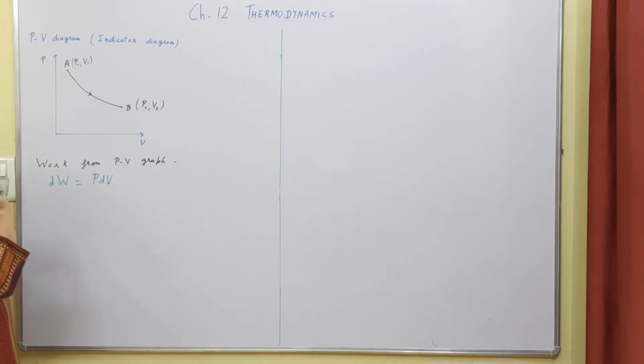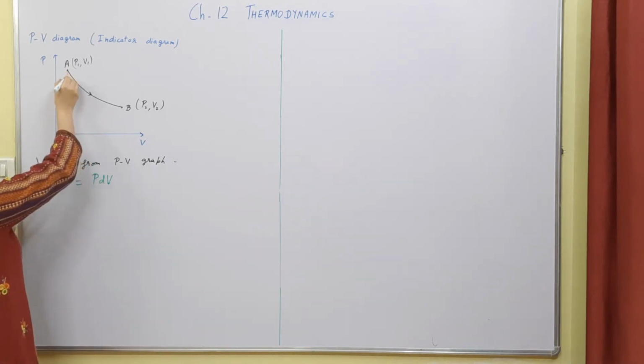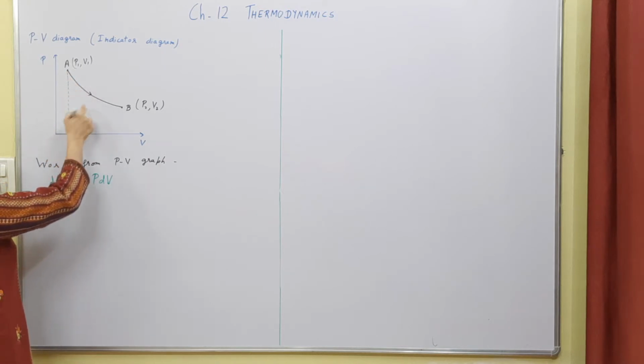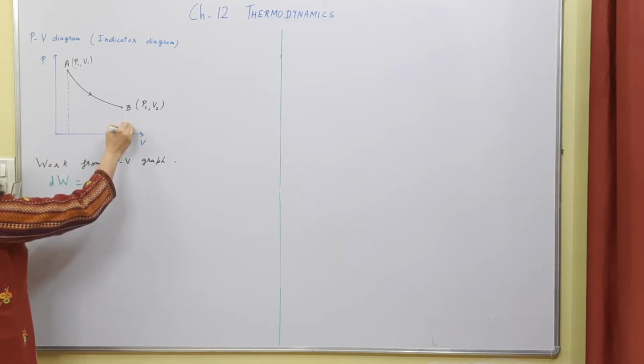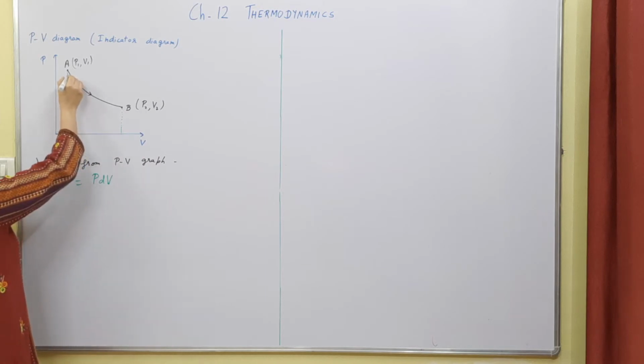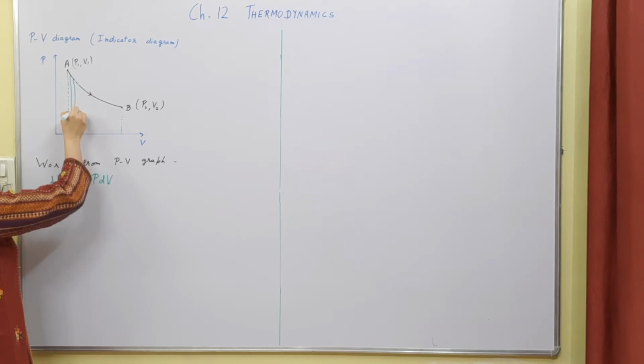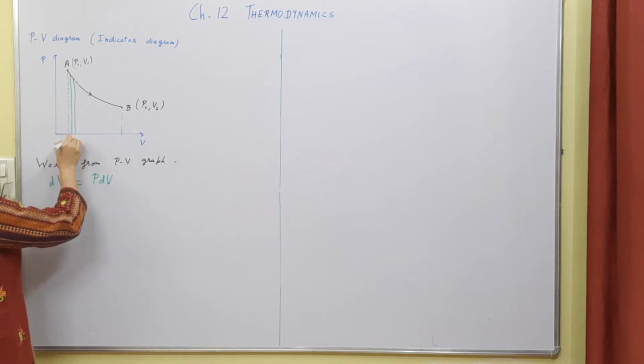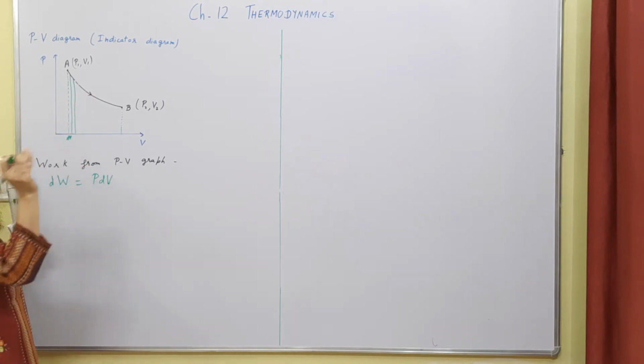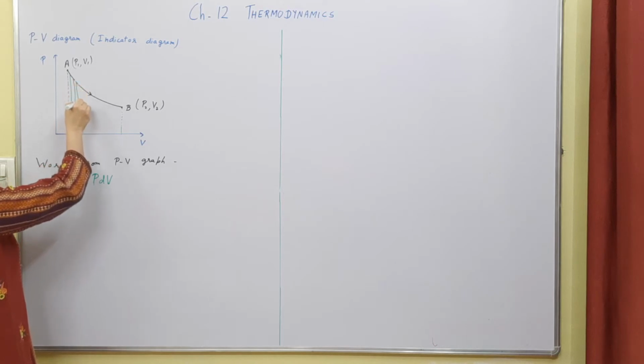Otherwise also, we can divide this complete area between this curve and the volume axis into thin strips, right? Thin strips of very small volume dV, dV, dV, and so on.